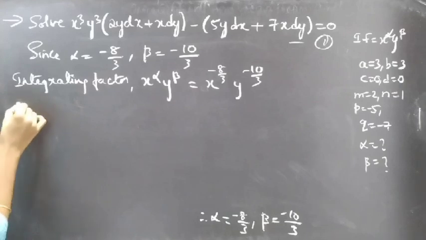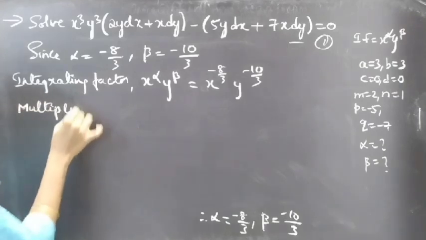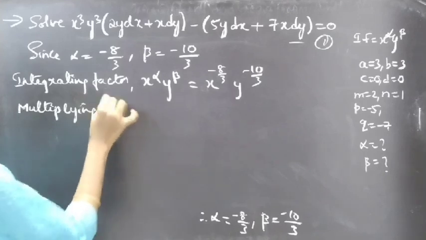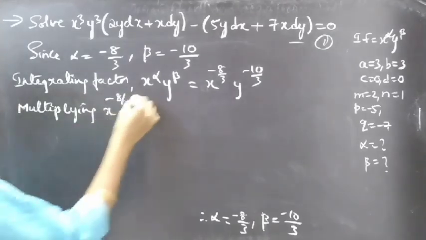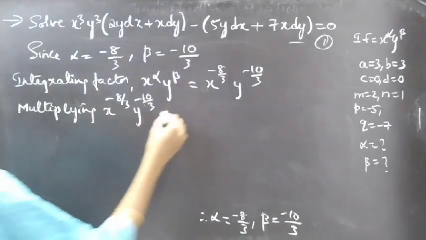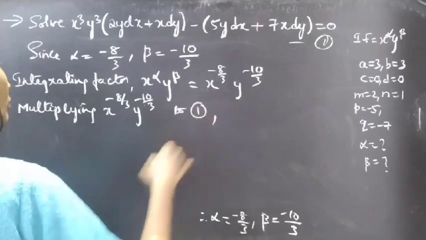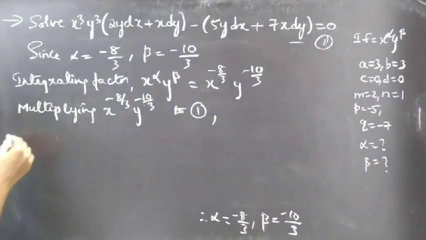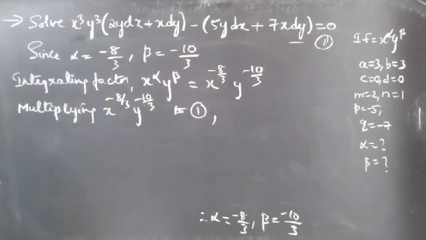Now we multiply this with the equation. Since it is an integrating factor, by multiplying it, the equation reduces to an exact equation.